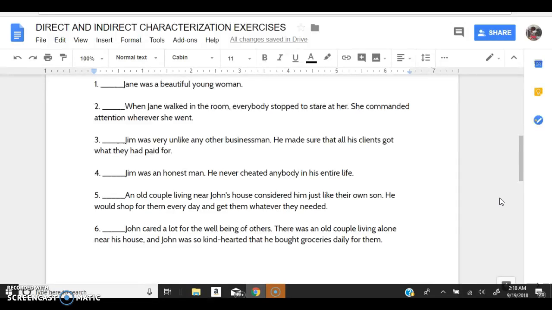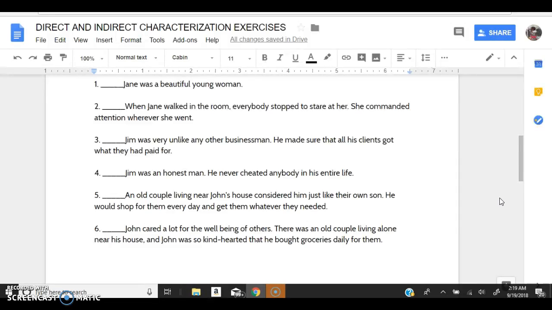Good, let's do a couple more. Let's go down to number 5 and 6. An old couple living near John's house considered him just like their own son. He would shop for them every day and get them whatever they needed. Is that direct or indirect? If you said indirect, you're correct, because this is someone else's opinion of John.